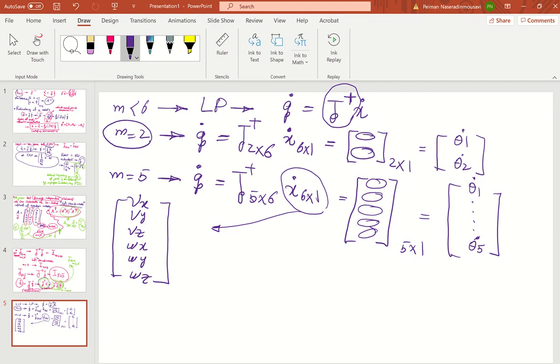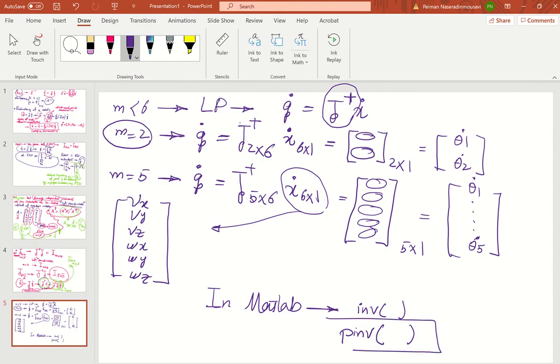Now in MATLAB, it must be similar to that. In MATLAB, we have inv for the regular inverse when your matrix is square, but we have pinv when you have a non-square matrix, the pseudo inverse.